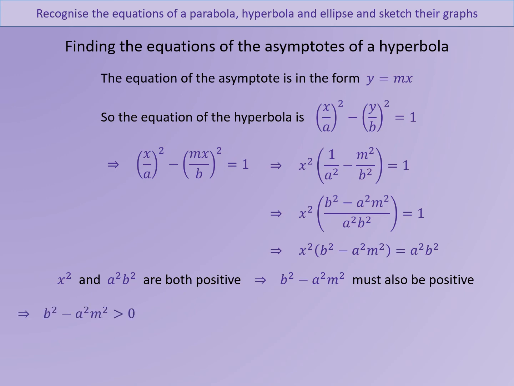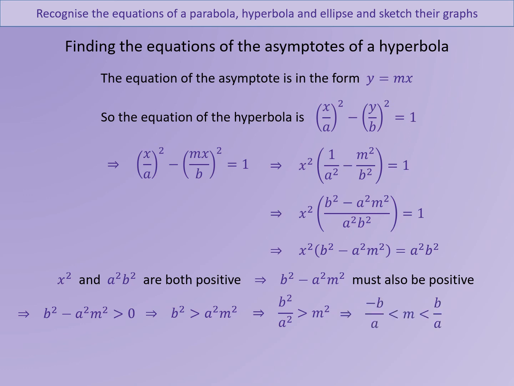Therefore, we have the inequality b squared minus a squared m squared is greater than 0. We can take a squared m squared over to the other side. And then, because we know that a squared is a positive number, we can divide here without worrying about the sign reversing. We end up with b squared over a squared is greater than m squared.